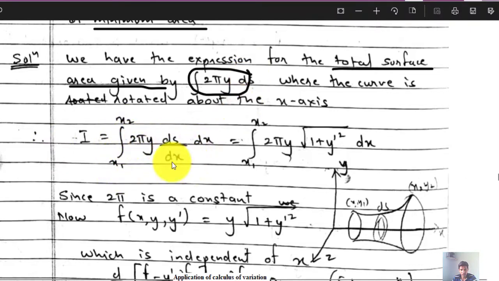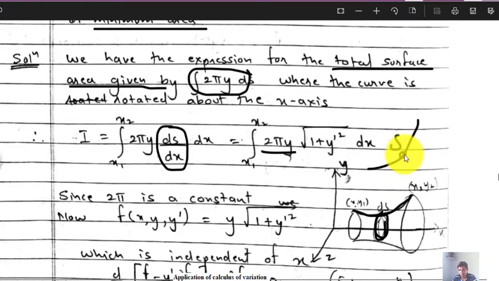So it is ds, and I have multiplied it by dx and divided by dx over here. So this ds by dx is nothing but the small element, and this is 2 pi y. What is this ds by dx? See here, if you take any points x1 to x2, and this is the curve S, and if I take some part of this, that becomes ds.